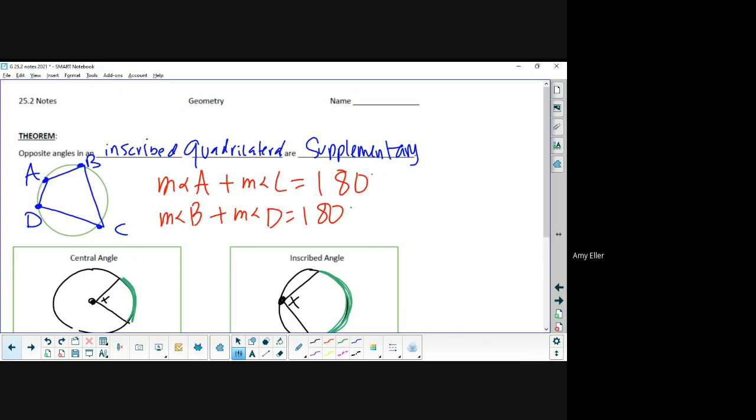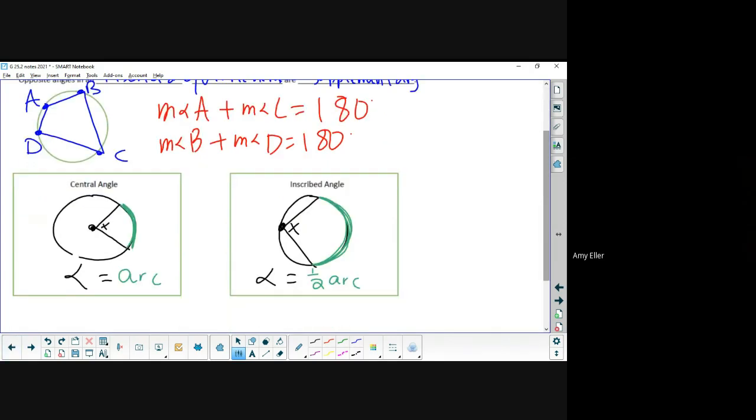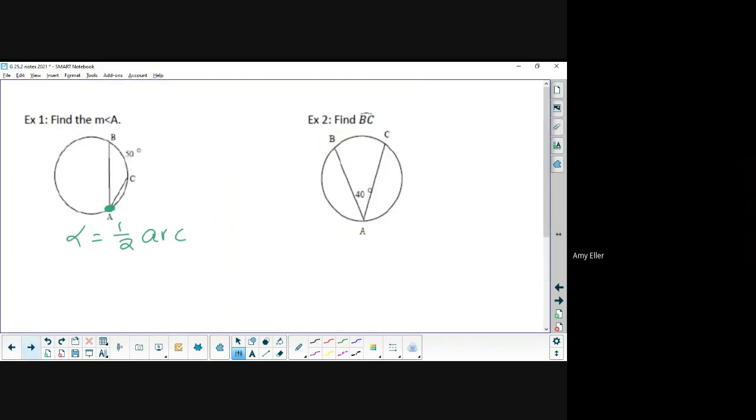If your vertex is on the circle, you will write this formula every time. If your vertex is at the center, you will write this formula every time. Today's lesson is this. So pretty much all the pictures are going to be with your vertex there. But when we get to a quiz, there's going to be a variety of questions. So that's how you know what formula to pick. You just look at the vertex.